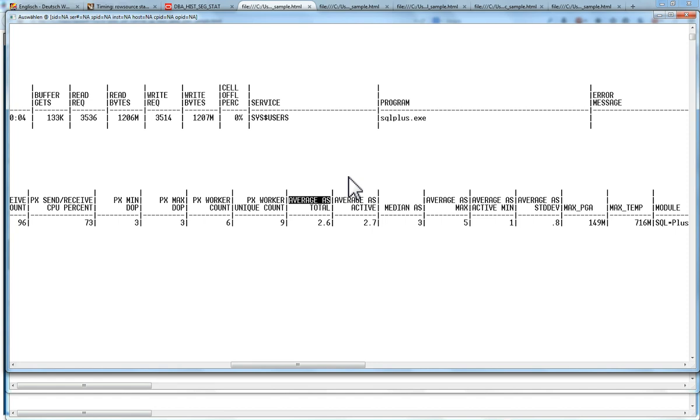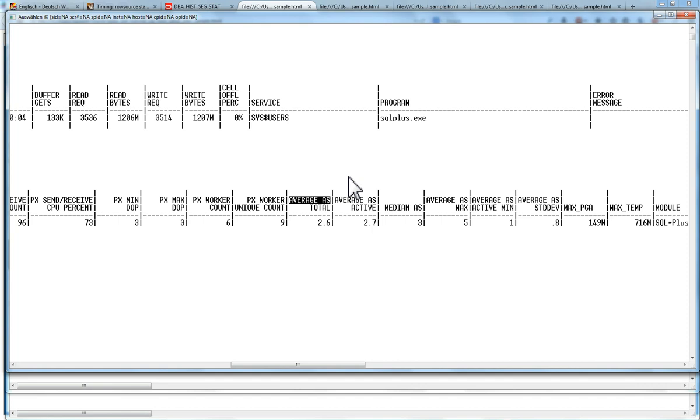And as I will show in another example, and I've already shown this in the introduction of the Explain-Ash version 4, if you have recursive activity with different SQL identifiers, then this could also be a reason why you see a lower average than you might expect, because these average active sessions here are only about those samples that could be related to this particular monitored execution.